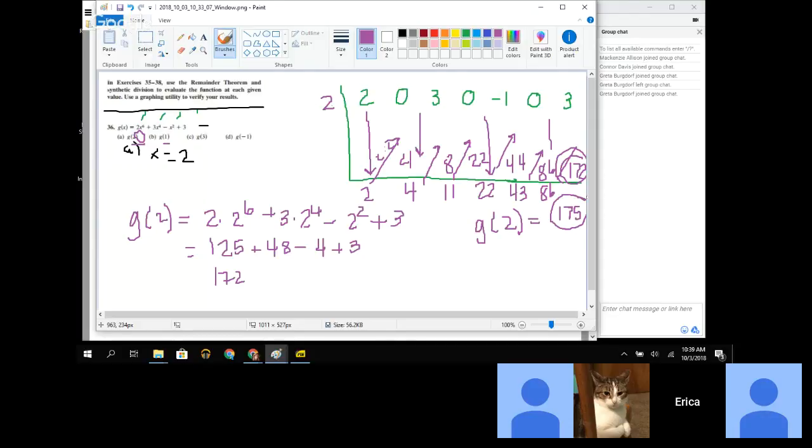No, it should be the number at the bottom. Did I do something wrong in my adding? It should be the remainder at the bottom. It should be whatever it is. Maybe I did something wrong in my numbers here.